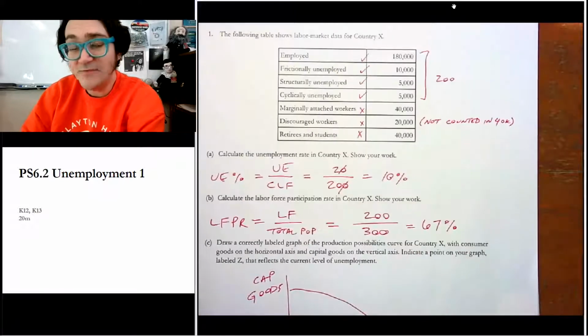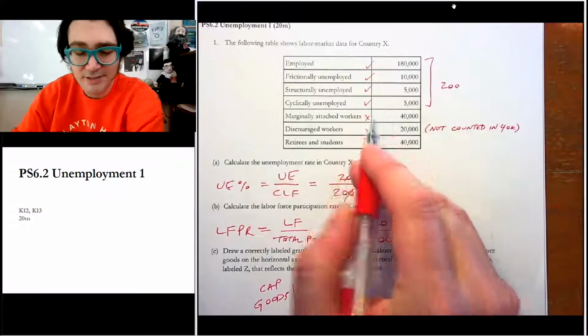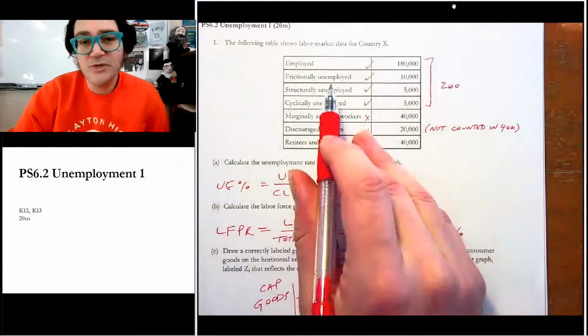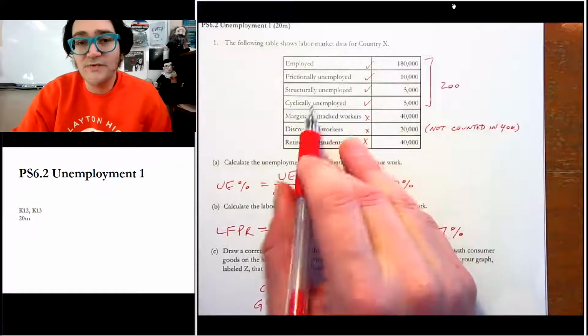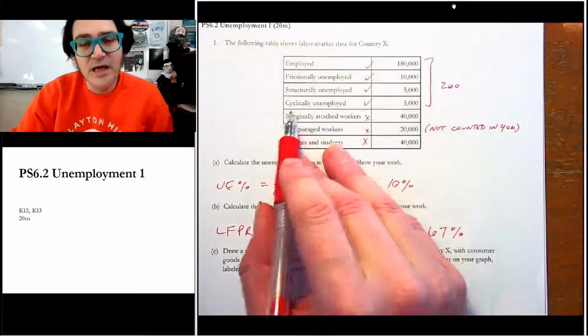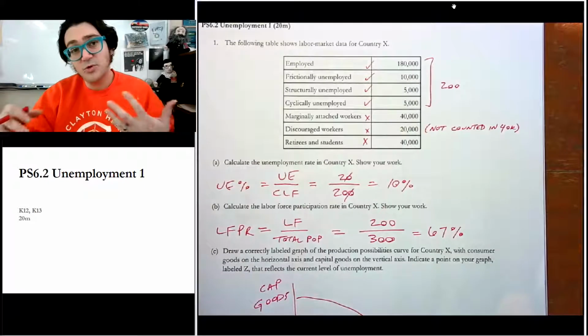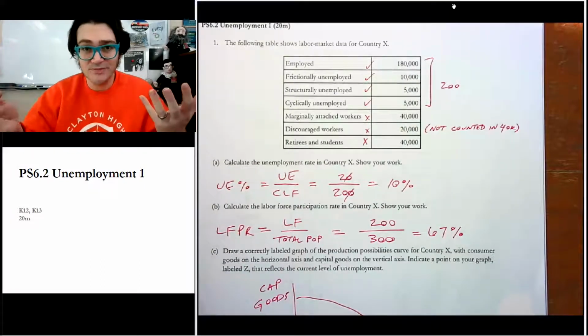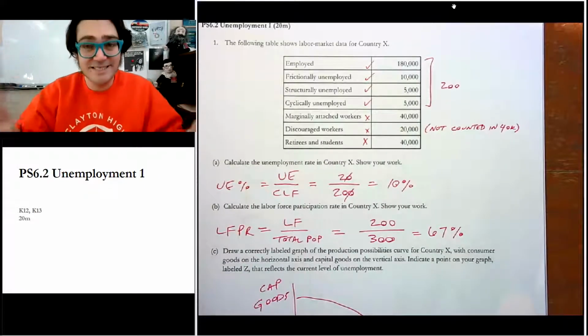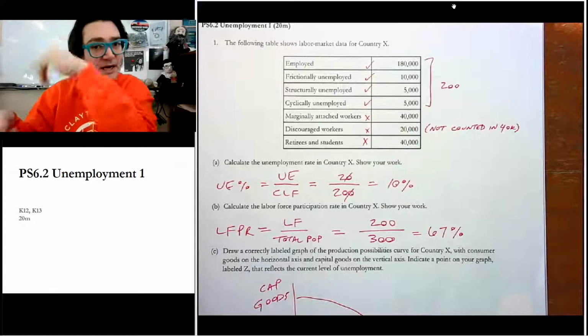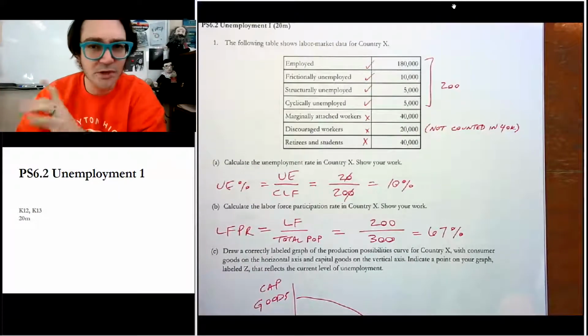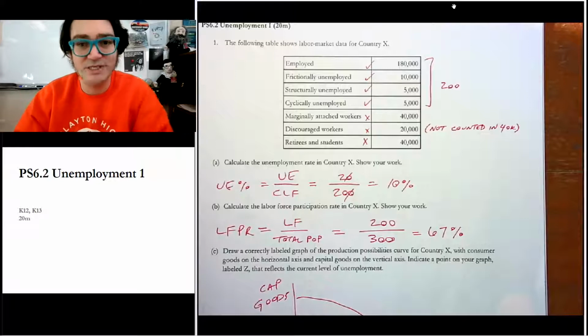Now, I haven't taught you everything you have to know to answer this question correctly, but there are actually 3 different types of unemployment, and one of the types is called cyclical. And cyclical unemployment means that we have some level of unemployment caused by a recession. It's caused by the business cycle, right? It goes up and down and up and down. Remember way back months and months ago, we talked about the business cycle with recessions and expansions.